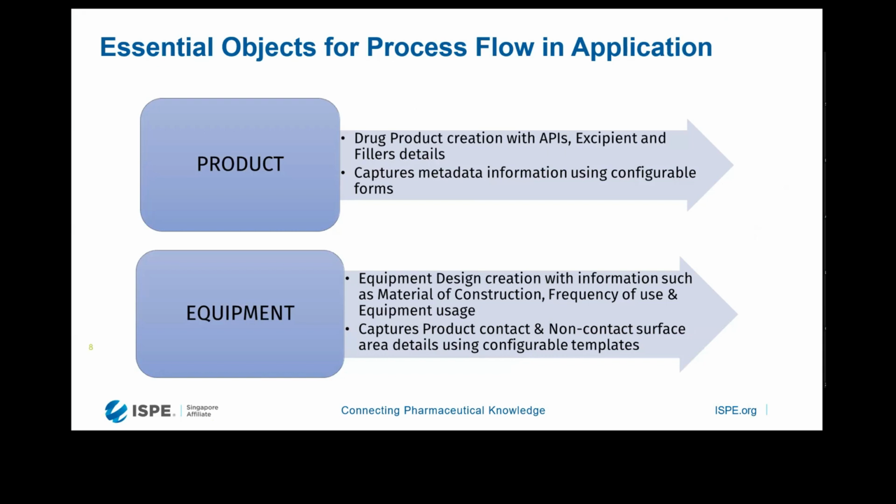How do you capture this information? Metadata is nothing other than capturing any information that is useful for you when it comes to product and equipment. It is the critical information that you want to capture, and that would help you down the road for cleaning validation.